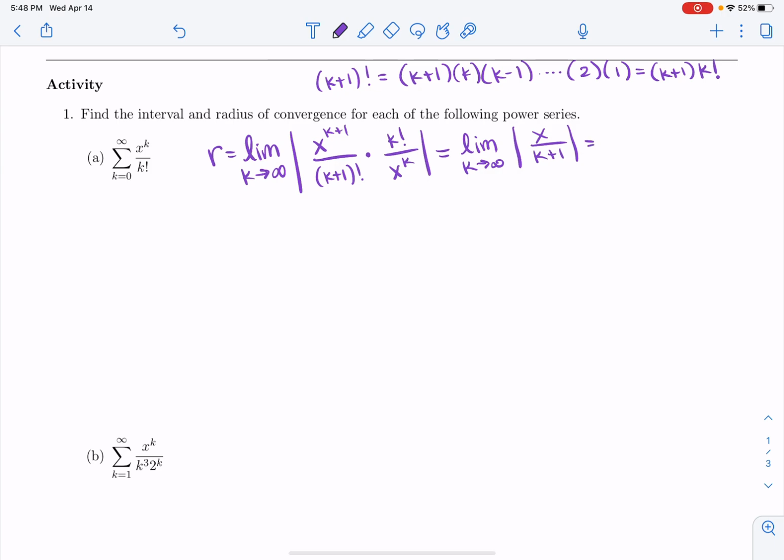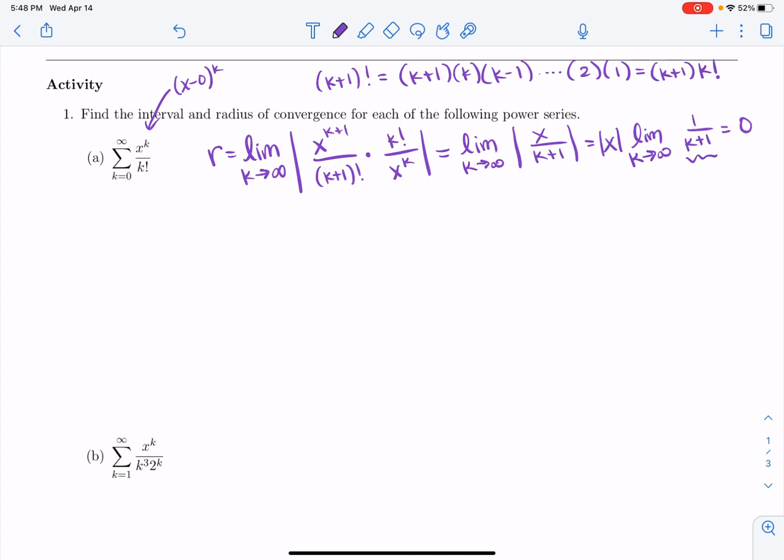Now really the x can come out because the x doesn't depend on k. So we get absolute value of x, because we don't know if x is positive or negative. And our center is at 0, right? x minus 0 to the k is how we get x to the k. So we get the absolute value of x times the limit as k approaches infinity of 1 over k plus 1, which is going to go to 0, so this whole thing goes to 0.